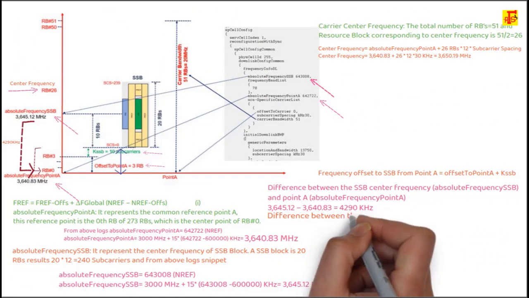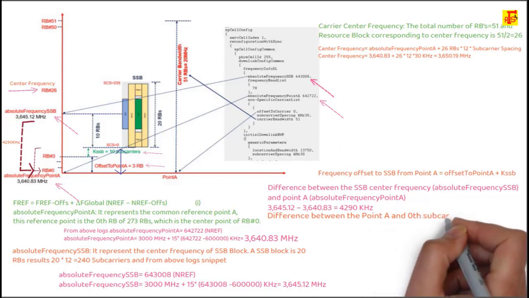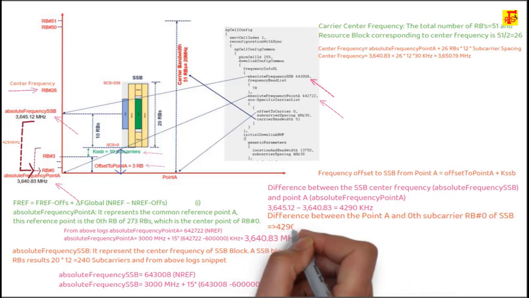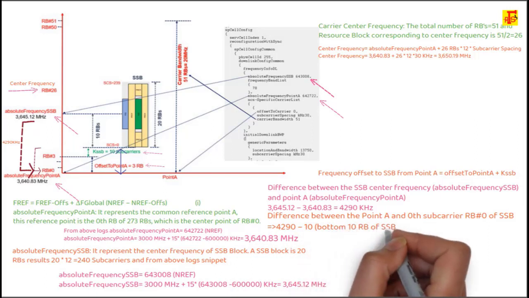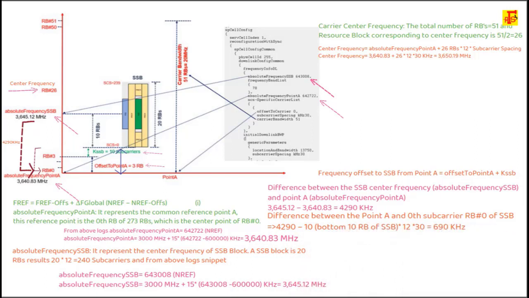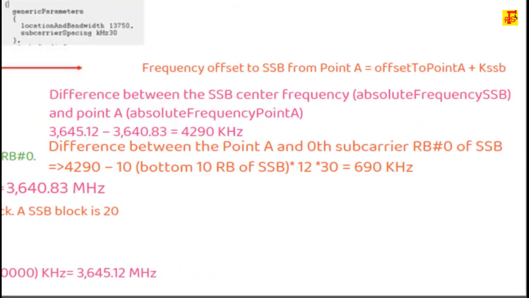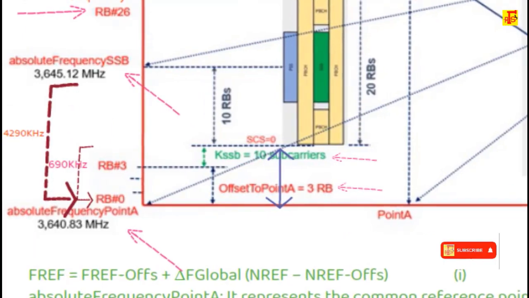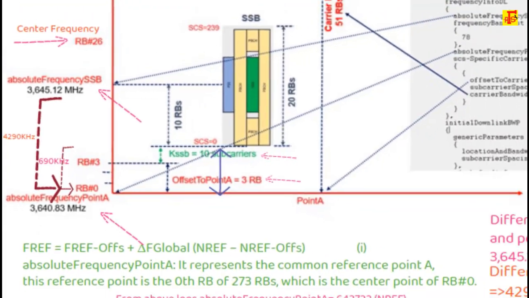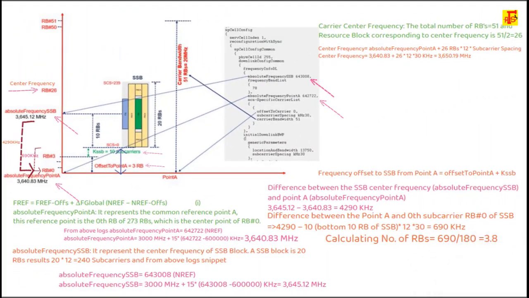Point A is the starting point right here. So 4290 minus 10 RB, that is the bottom half of the Ssb, since Ssb is 20 RB, right? So minus 10 RB, that is 10 into 12 into 30 kilohertz. So when we calculate, it will come around 690. So we are calculating the number of RB, we convert to RB, 690 by 180 kilohertz. That means it will come around 3.8. Offset to point A value is 3, right?